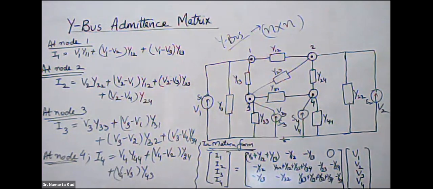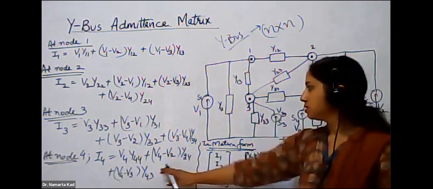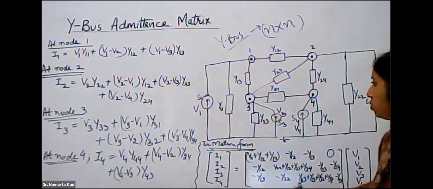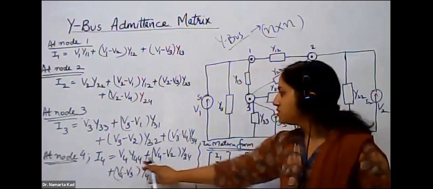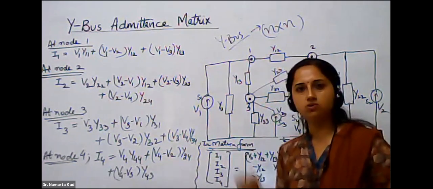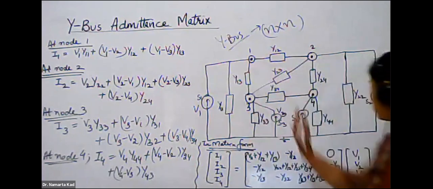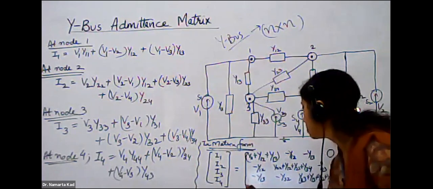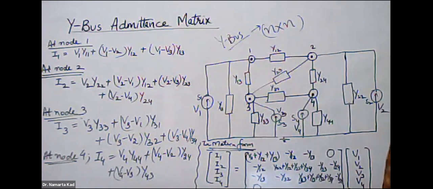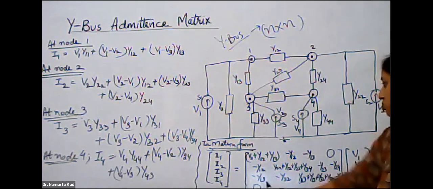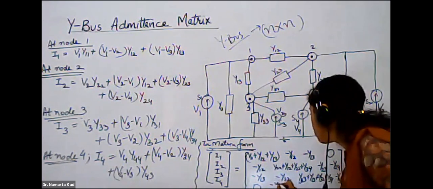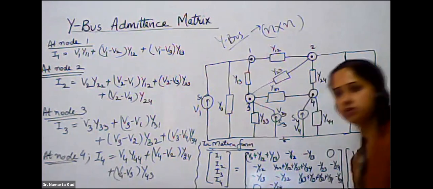Okay, and finally the last row. So for the last row, which admittance is connected with V1? No. Okay, there is no admittance between 1 and 4. So the first element comes out to be 0. And the next one is minus Y24.